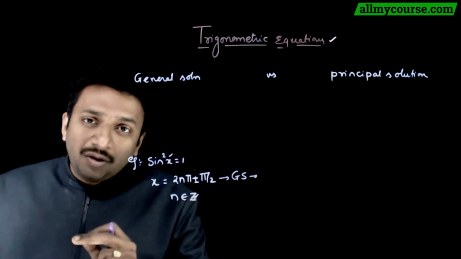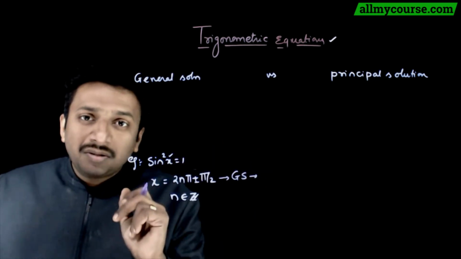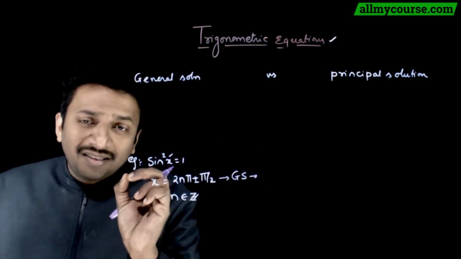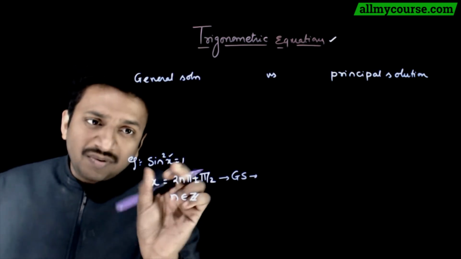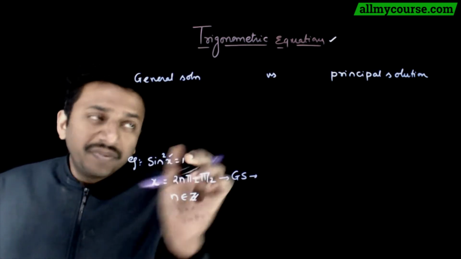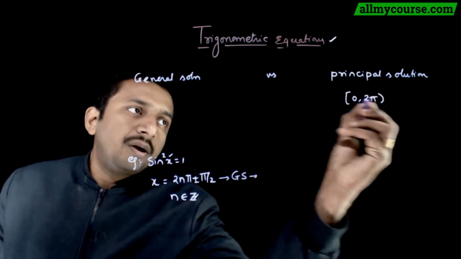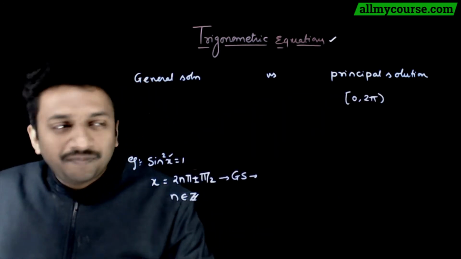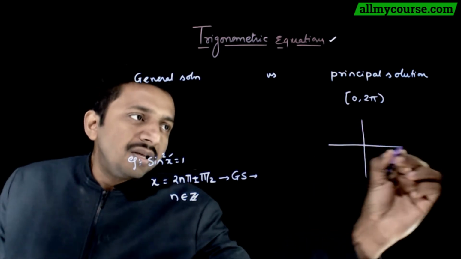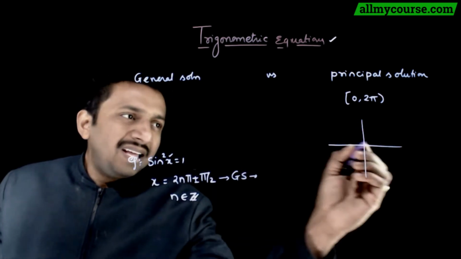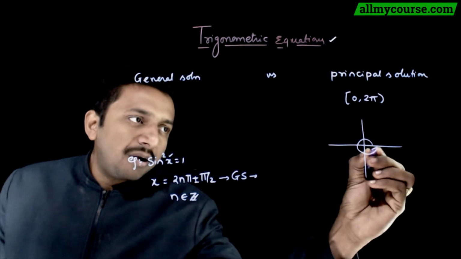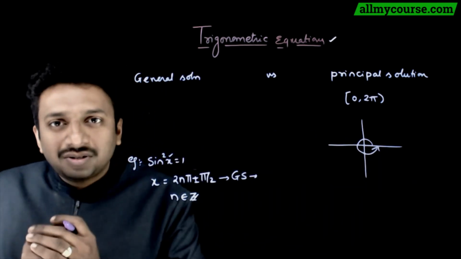What is a principal solution? Principal solutions are the values of those x's which satisfy this equation and lie in the interval closed 0 to open 2 pi. That means the solutions which lie in the first rotation are called the principal solutions.